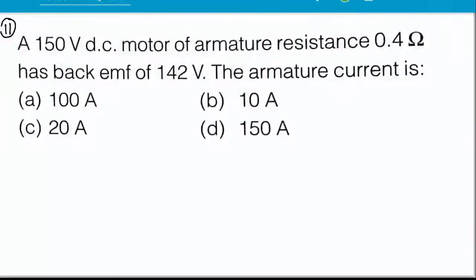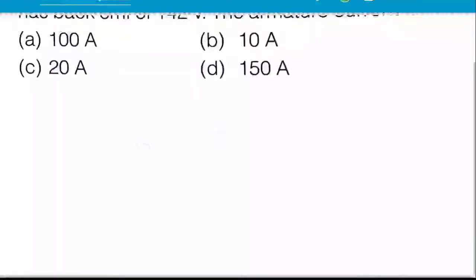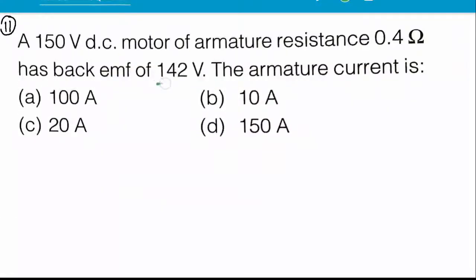Next question, a 150 volt DC motor of armature resistance 0.4 ohm has back EMF 142 volt. What is the armature current here? Here this is given back EMF and this is the supply.